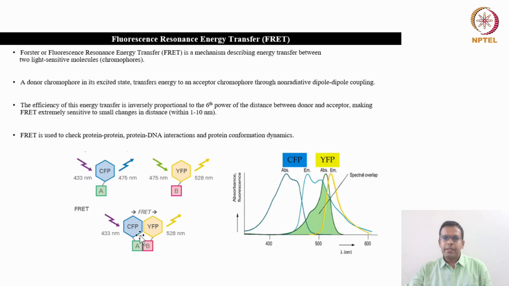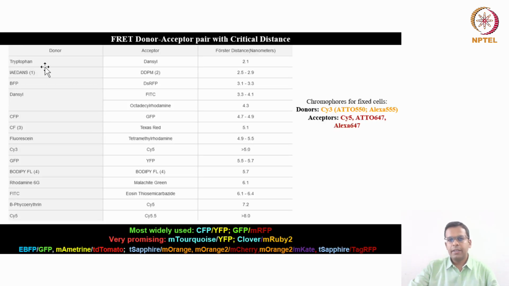Now this FRET is a phenomenon. This energy transfer can only take place if these two molecules are very close, within 10 nanometer distance, then only can the energy be transferred from one fluorescent protein to the other. If the distance is more than 10 nanometer, the energy transfer is drastically reduced. Here is the list of different fluorescent proteins which are used as donor and acceptor in the FRET analysis, and this is the Foster distance in nanometers.